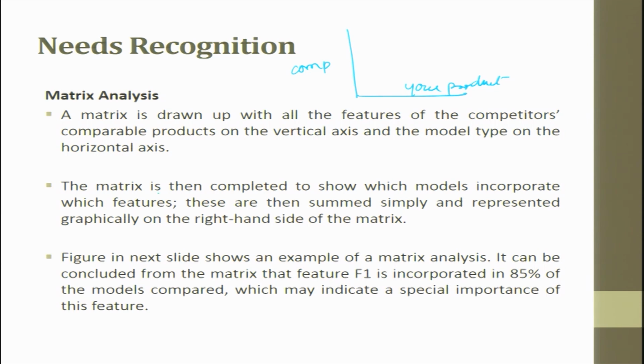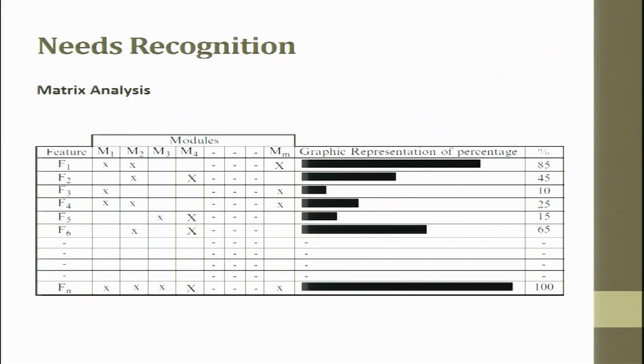The matrix is then completed to show which models incorporate which features. These are then summed simply and represented graphically on the right hand side of the matrix. So, somewhere here you give the relationship, and then you try to get more information. So, this is the matrix analysis.